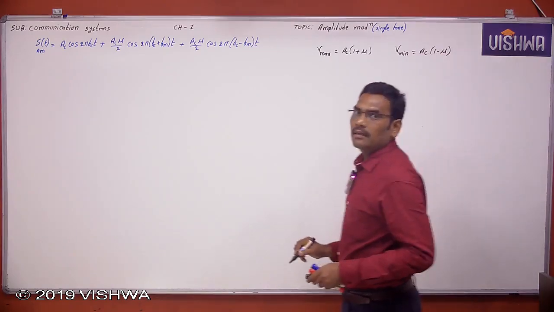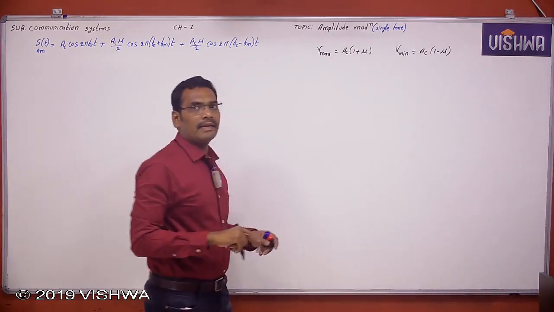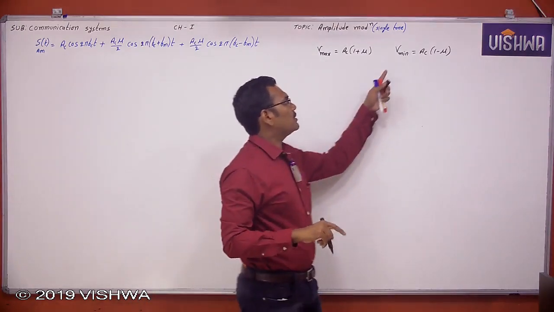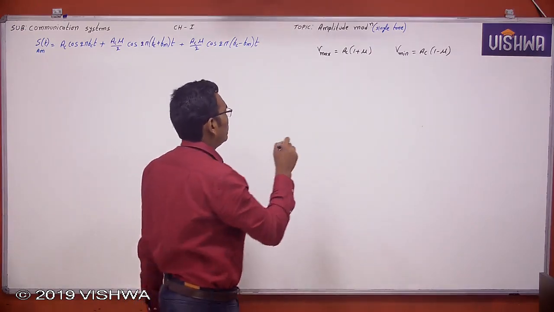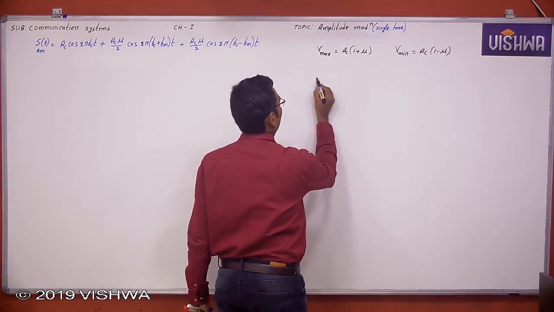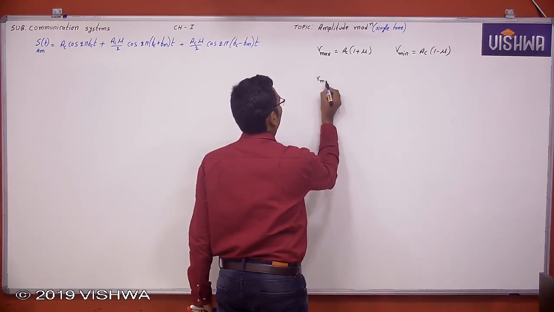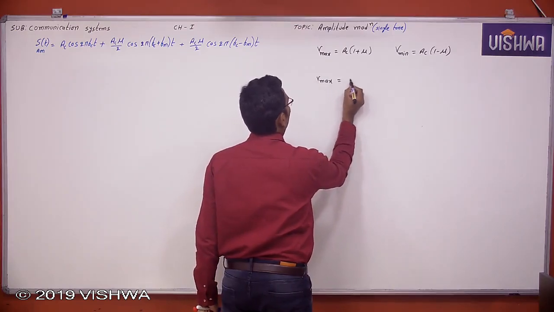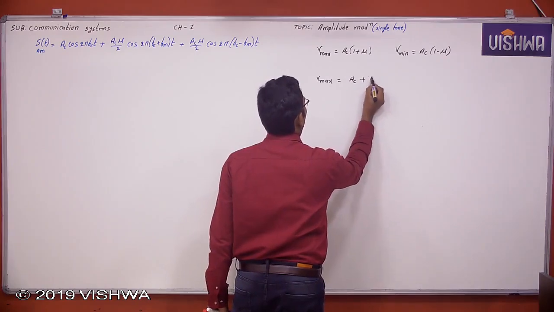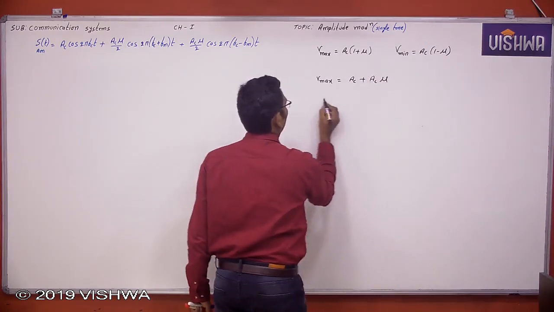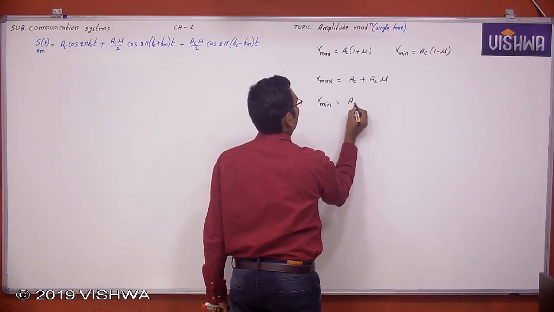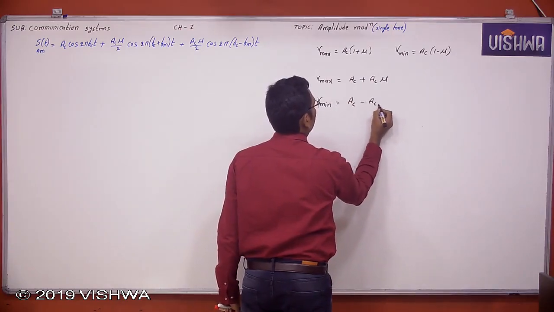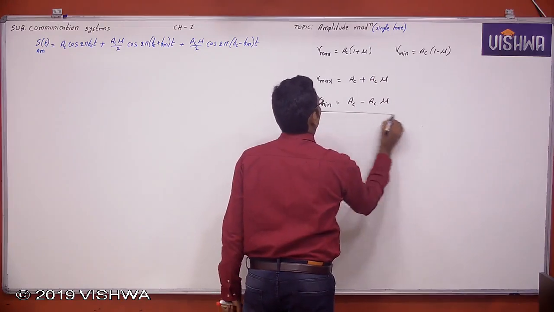This is the maximum and minimum amplitude of the carrier after AM modulation. Can I write it like this? V maximum equals AC plus AC into mu, V minimum equals AC minus AC into mu.